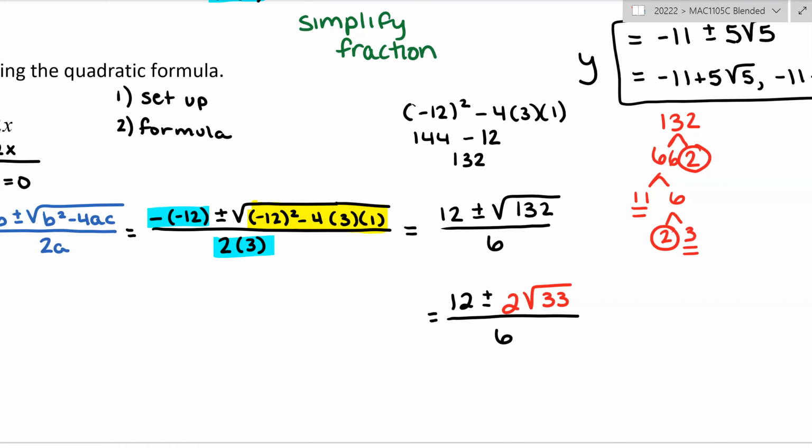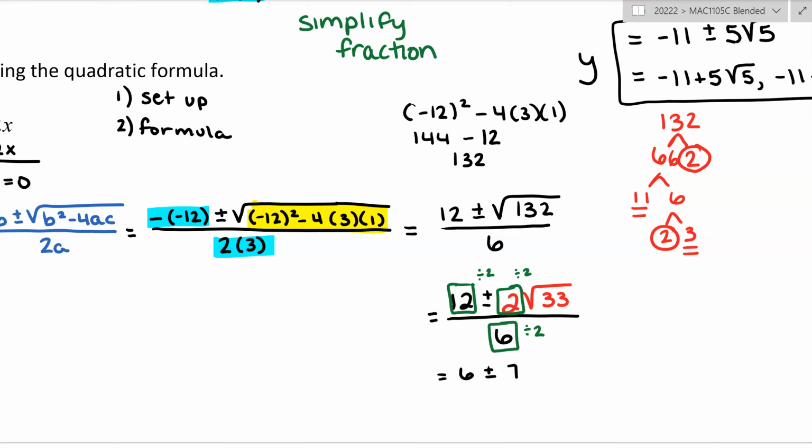So now my last step is to look at the 3 numbers which are not in the radical. All of those, all 3 of them, are divisible by 2. So I'm going to divide all 3 of them by 2. So I get 12 divided by 2 is 6, plus or minus 2 divided by 2 is 1.